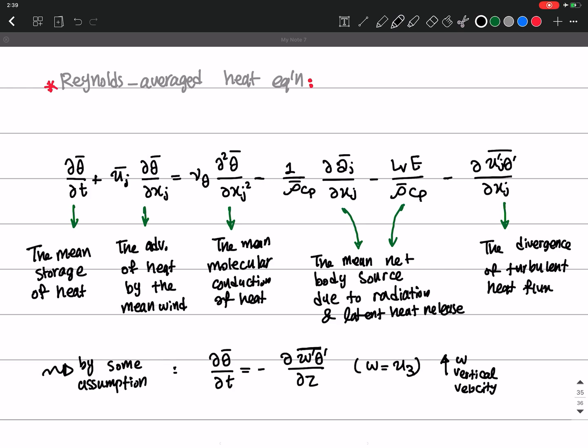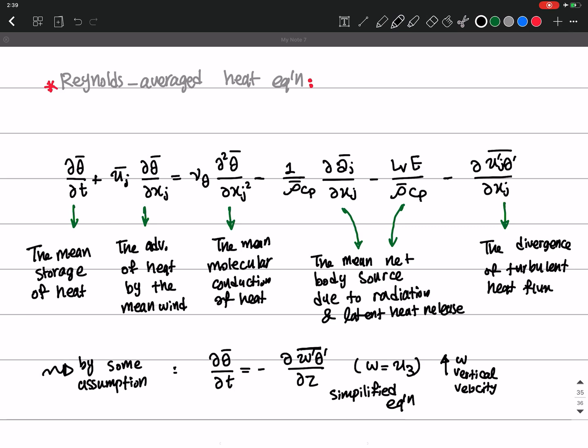Okay, so this is a simplified equation that is being used, and you can use this for estimating this turbulent heat flux in the atmosphere or in the atmospheric boundary layer, when you have these changes in temperature.